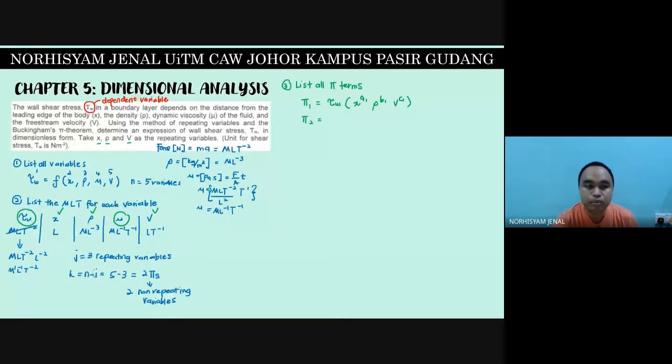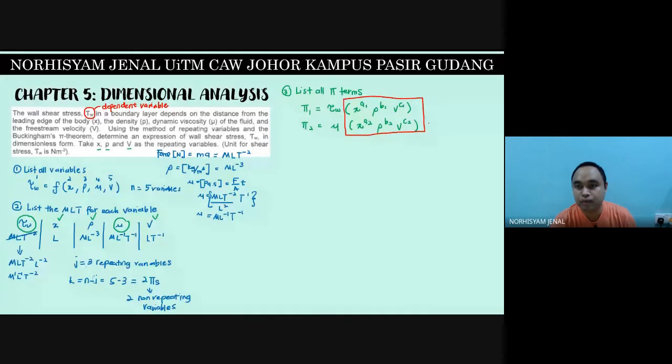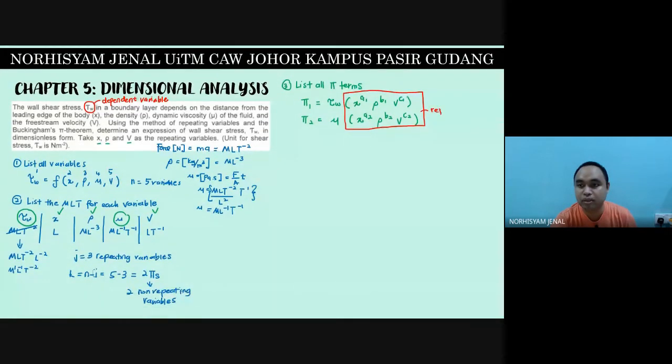And then pi2 should be the next one, mu. So x^a2, rho^b2, v^c2. Okay, so to remind you again, on this side we have x, rho, and v. These are the repeating variables. And then we have here tau and mu.